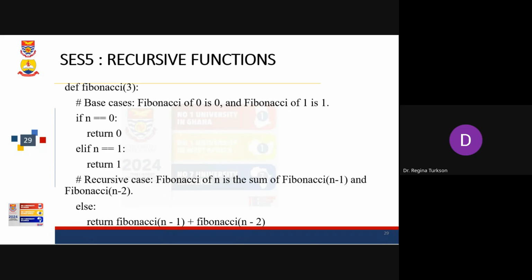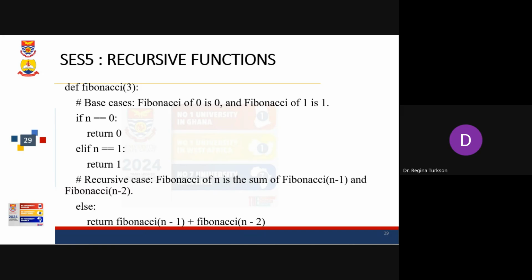If the number is 1, the code will return 1 because Fibonacci of 1 is also 1. But if the number is neither 1 nor 0, you return the sum of Fibonacci of n minus 1 and Fibonacci of n minus 2.